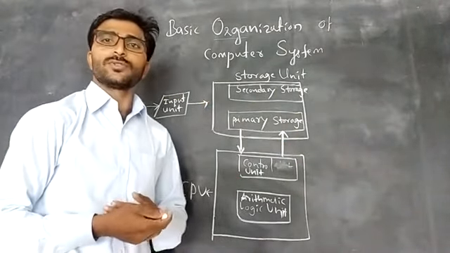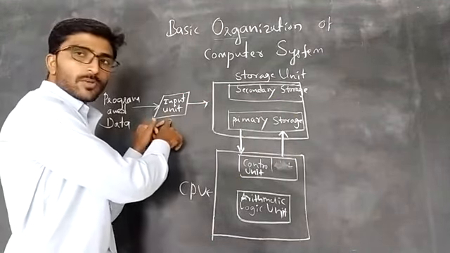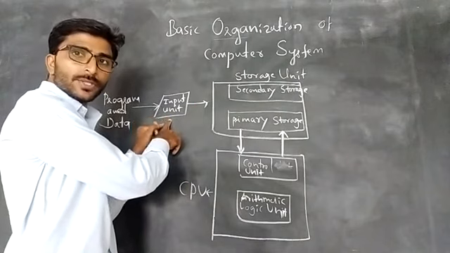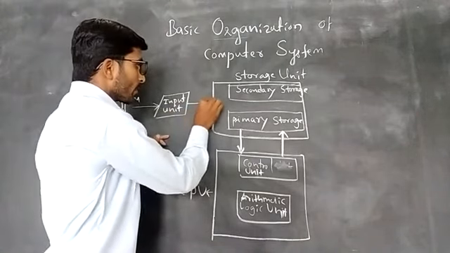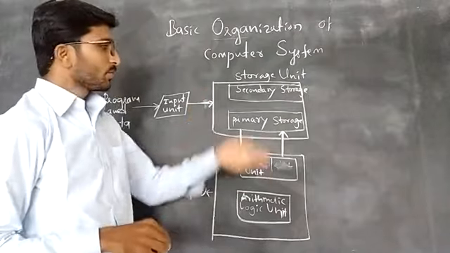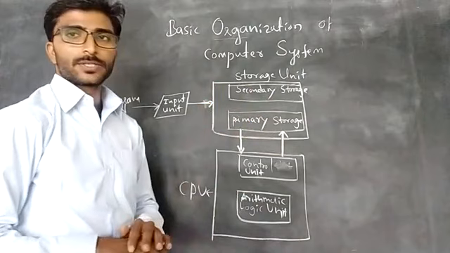See, first it takes the data from the user, from the input unit. After taking it, it gives the data to the storage unit. In the storage unit there are two parts: one is secondary storage, one is primary storage.